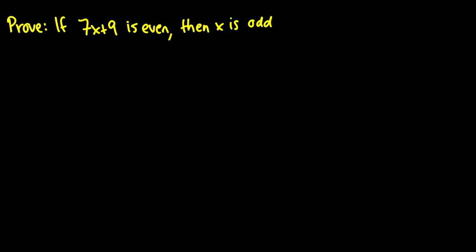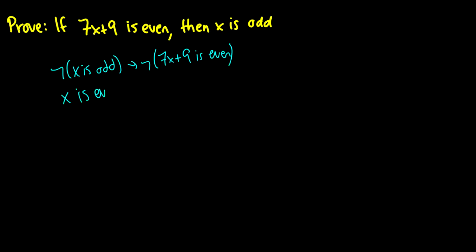So, we can make this so much easier. Why don't we say, okay, if not x is odd, then not 7x plus 9 is even. Okay, and we know this is the same thing as saying if x is even, then 7x plus 9 is odd.